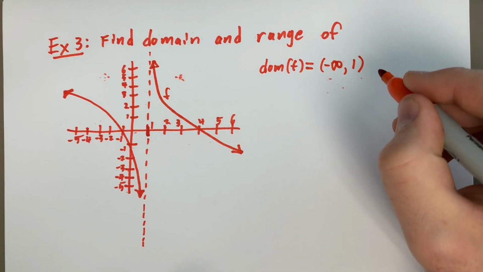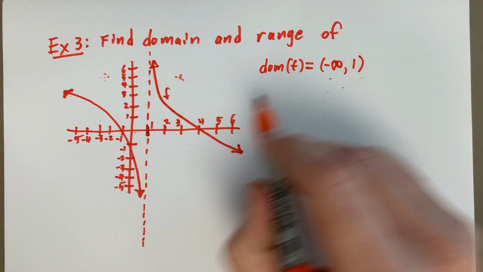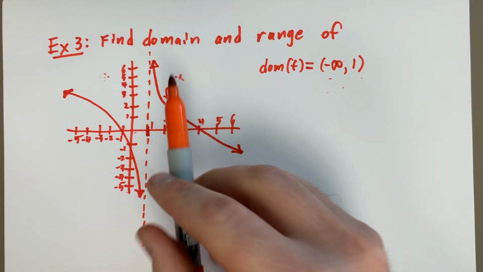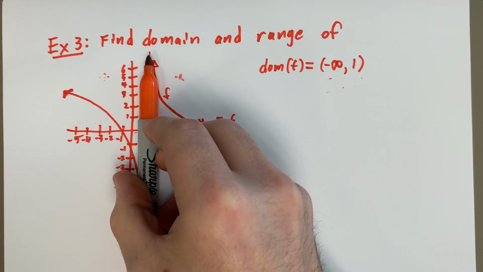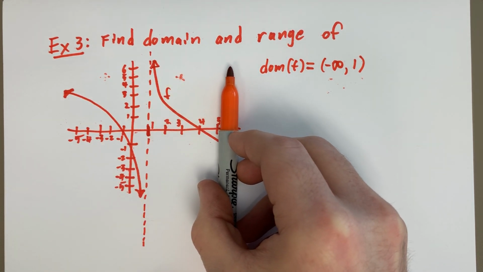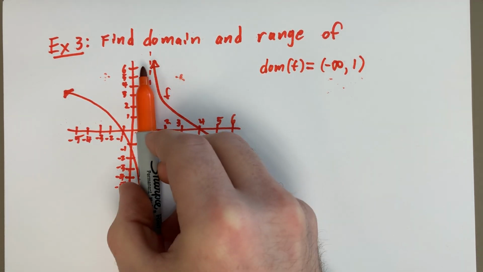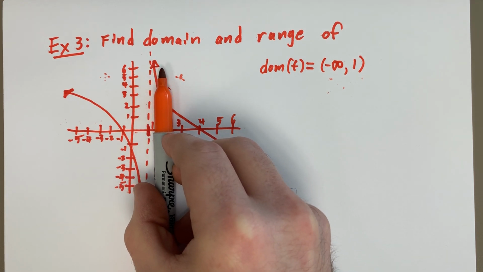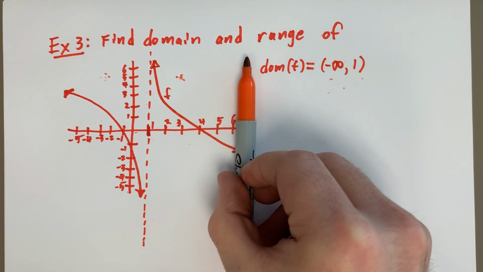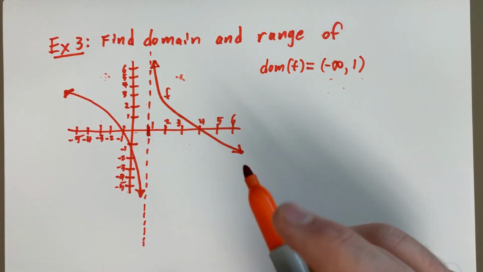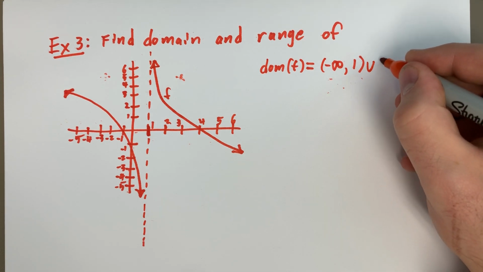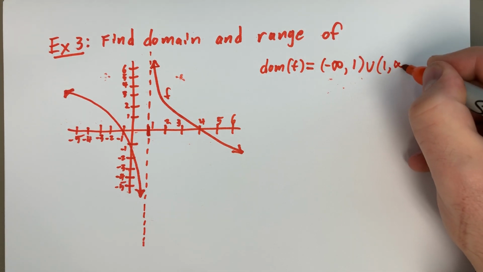But that's not all of it. I got stopped at 1, that's why I put the round brace. That means I can't plug in 1. But then I can pick up immediately after 1 and keep scanning because now I'm touching the graph again. I stopped here at 1, I can keep scanning to the right. My graph is still touching my vertical line, and therefore I can continue by writing union 1 to infinity.